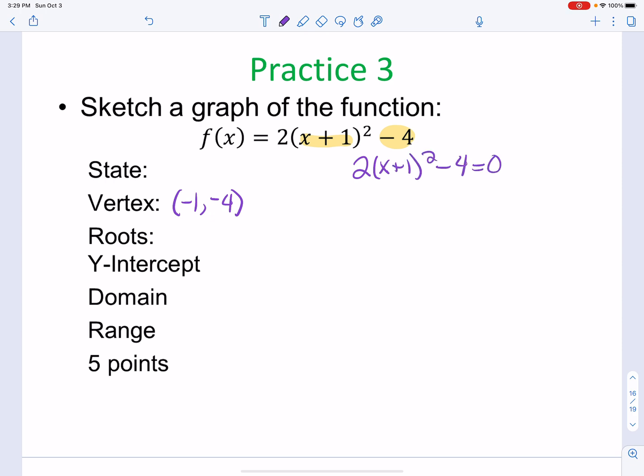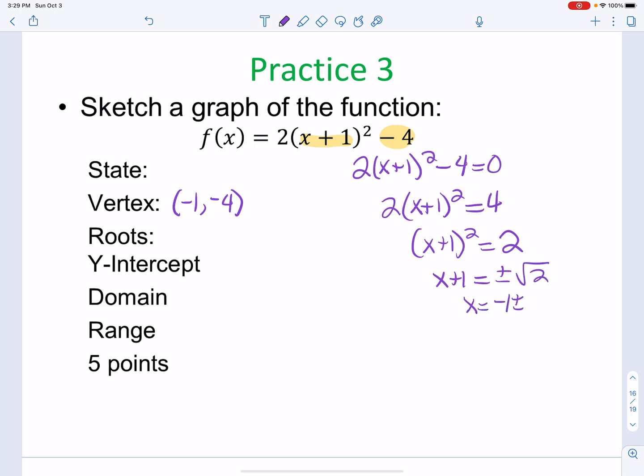Can't you just set that equal to 0 and you can add the 4, divide by 2, and then square root. Okay, so you have that answer.